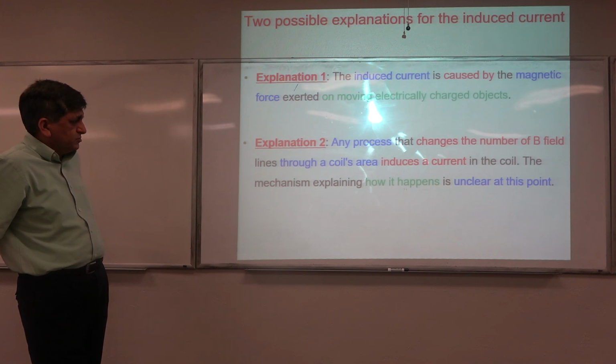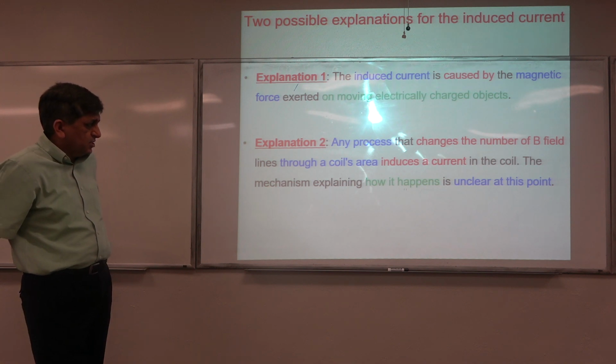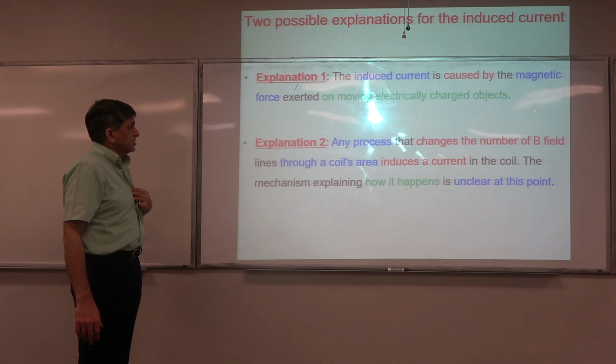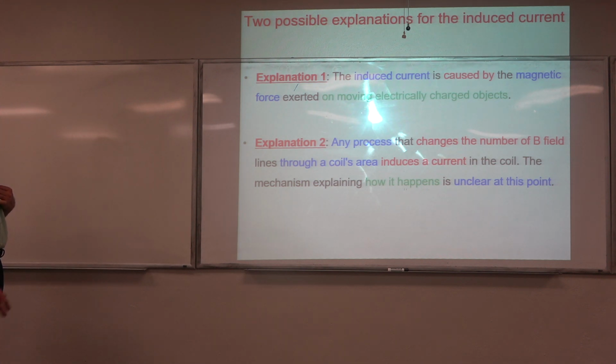How this mechanism happens is totally unclear at this point. In the first explanation, the induced current is caused by the magnetic force exerted on a moving electrically charged object.